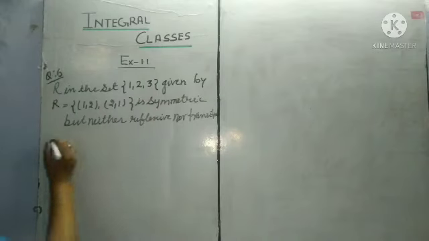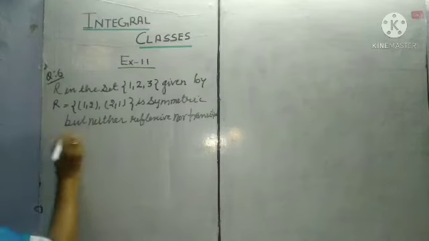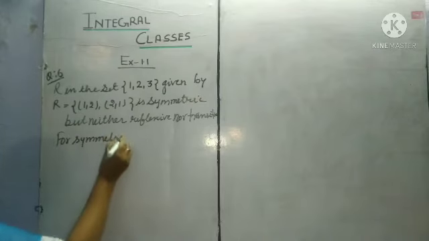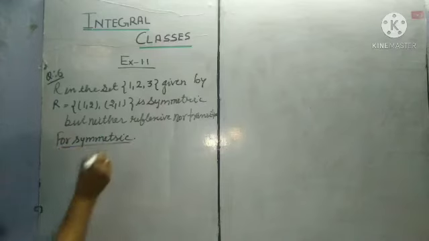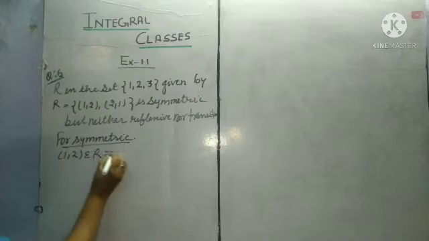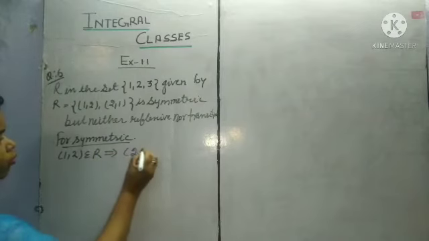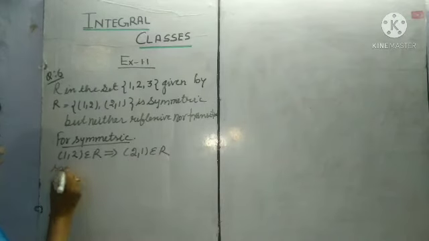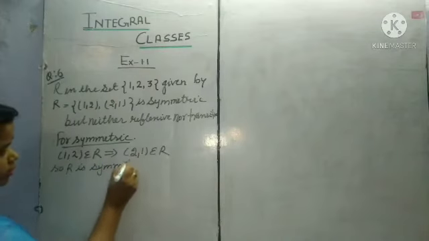So student, for symmetry, as we observe here, (1, 2) belongs to R and (2, 1) also belongs to R. Now we have (1, 2) which belongs to R and (2, 1) is also in R. So student, R is symmetric.